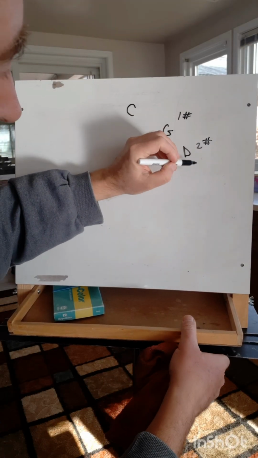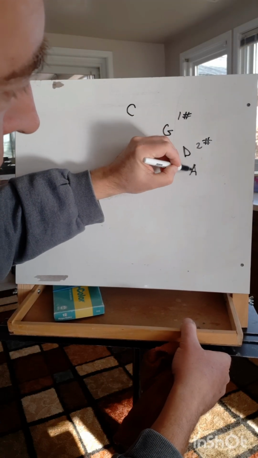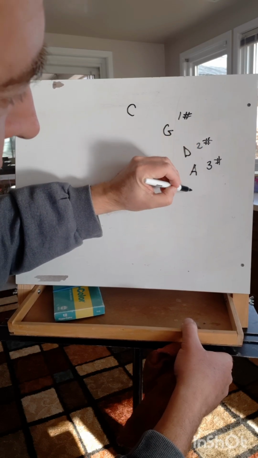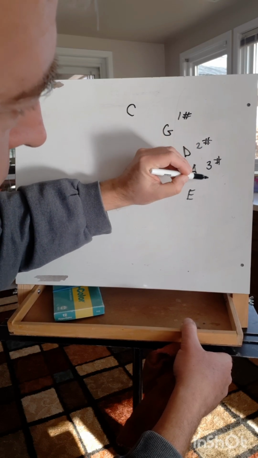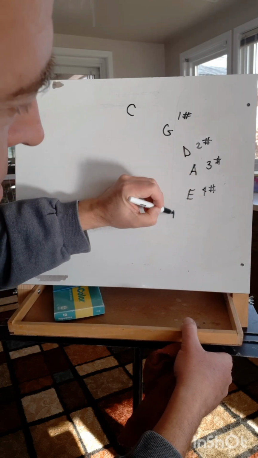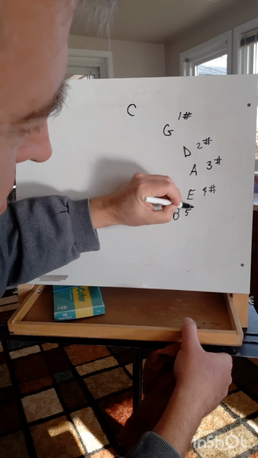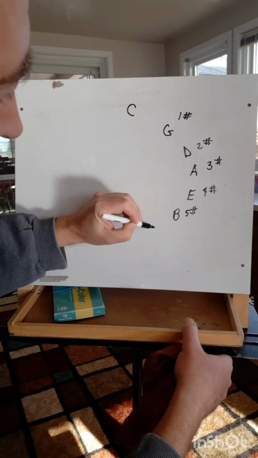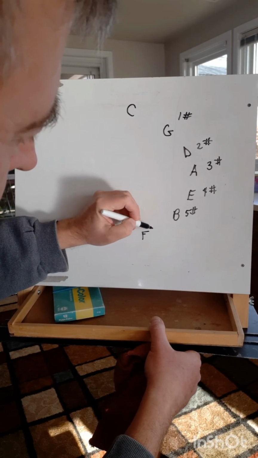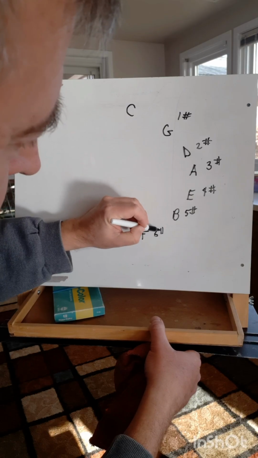And then the key of A is 3 sharps. Key of E, 4 sharps. Key of B is 5 sharps, and the key of F sharp, which is 6 sharps.